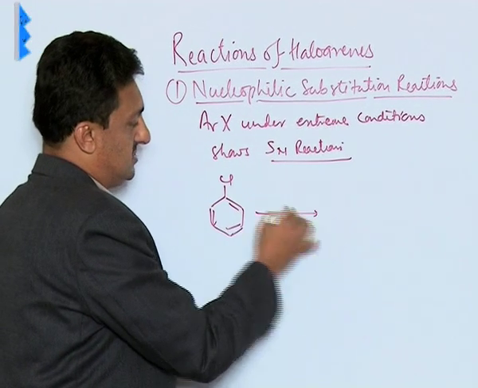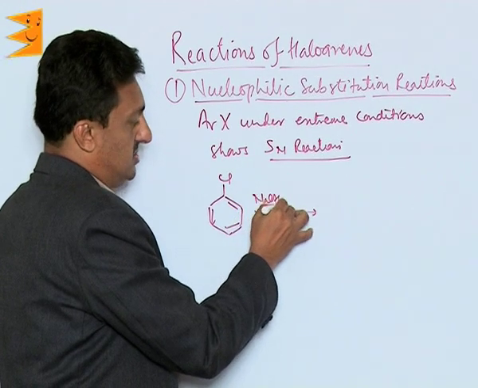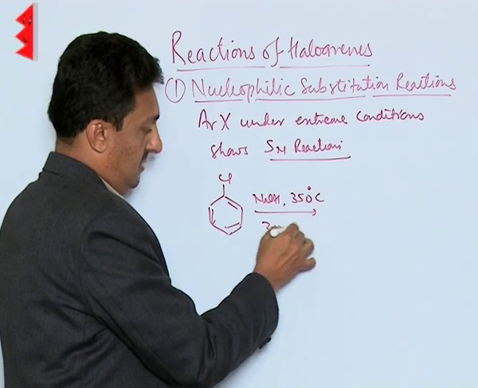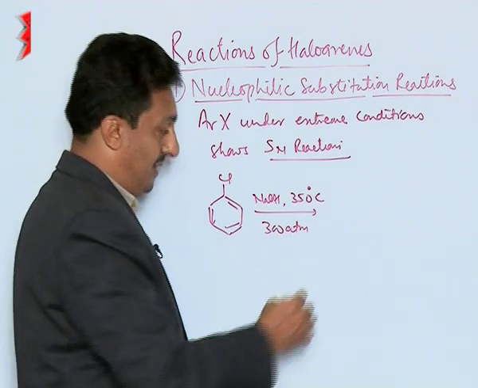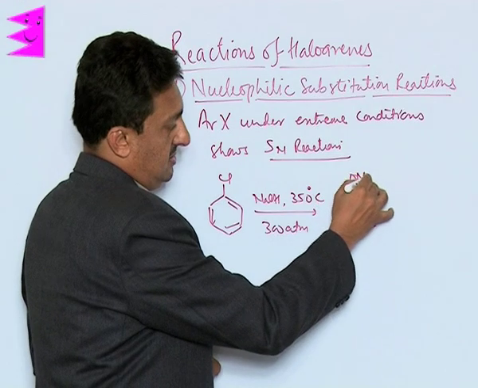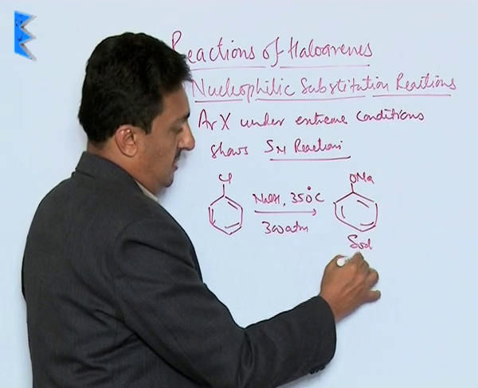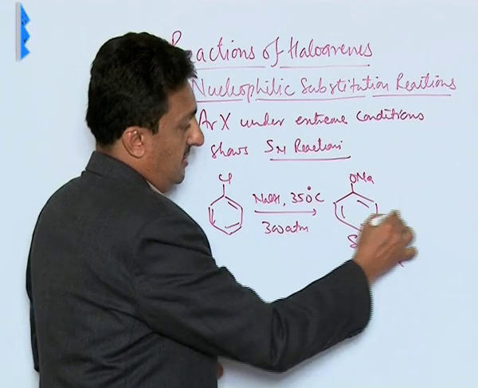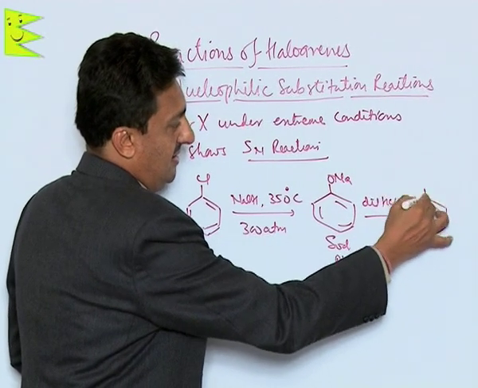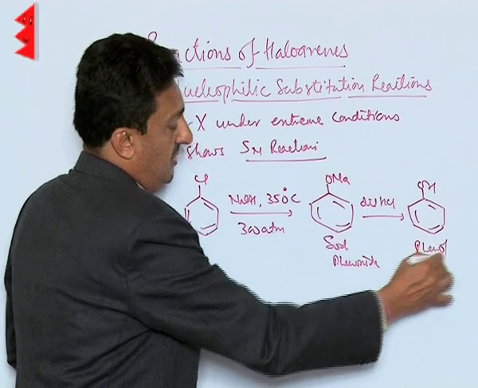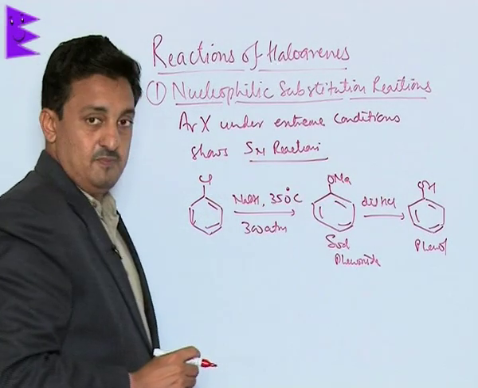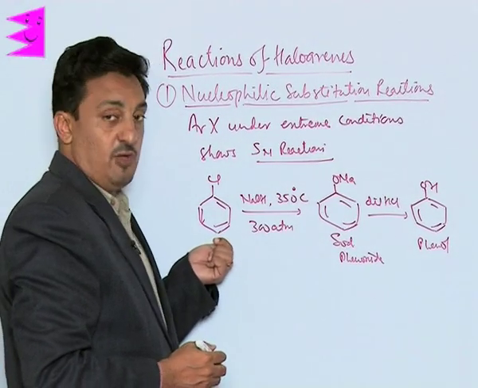When chlorobenzene is treated with NaOH at 350 degrees Celsius and 300 atmospheric pressure, what we get is sodium phenoxide. This sodium phenoxide on reaction with dilute HCl gives us phenol. So this is a very simple replacement or substitution of the chlorine by the OH group, and this leads to the formation of phenol from chlorobenzene.